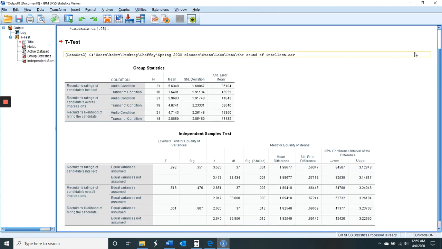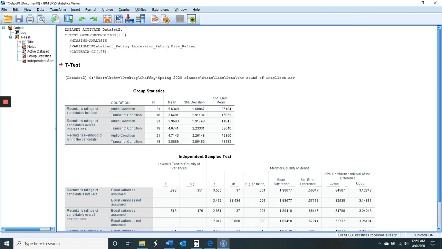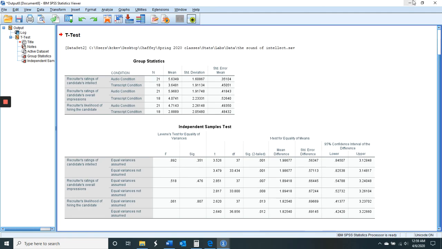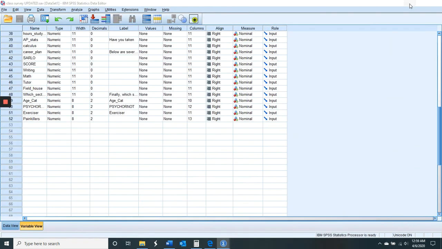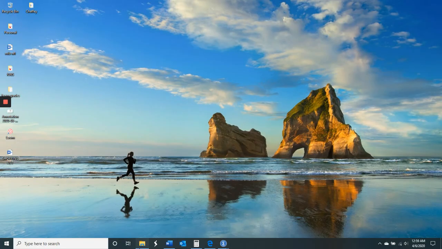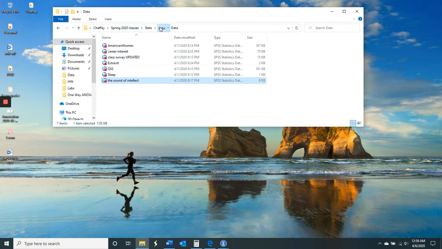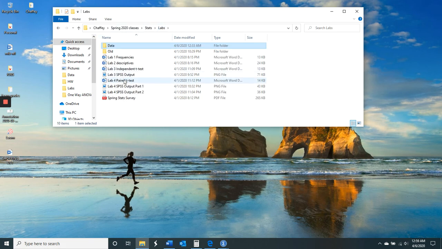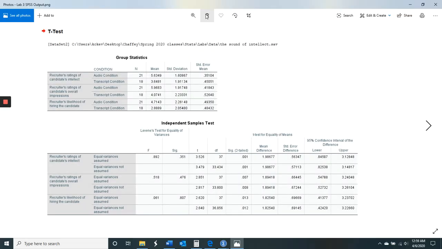And so this is the output. I've actually saved the output, and it will be on Canvas. I'm going to open up that output. We'll just say lab 3 SPSS output on Canvas. And here's the output.